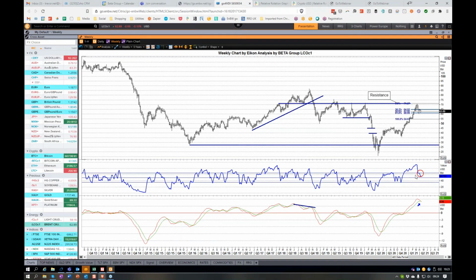The RSI has come down, crossed over the 65 level, and now the MACD has also crossed. So from a weekly perspective, this has now turned bearish. The inference is that we're having another one of these moves, either a consolidation or a major change in direction, and, dare I say it, the bull market may be over.